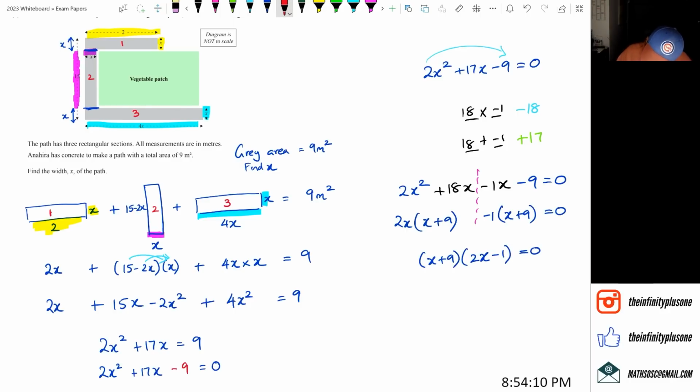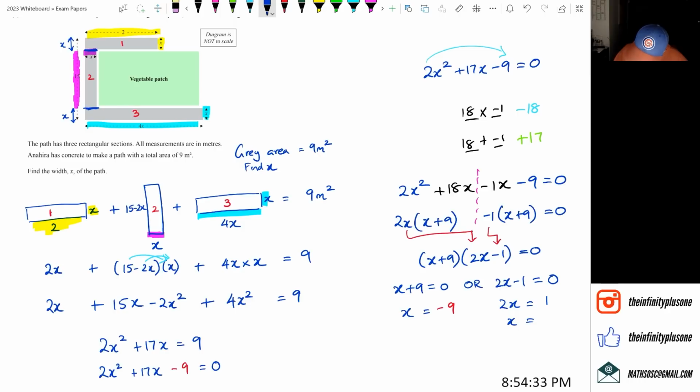Now of course the 2x is from there, the negative 1 is from there, and we're nearly there because we've got x plus 9 equals 0, or 2x minus 1 equals 0. So x equals minus 9 in this case. And in the other case, we've got 2x is equal to positive 1, and then x is equal to 1 over 2.